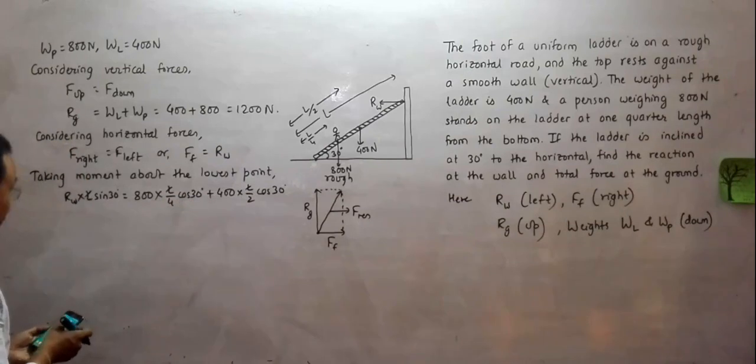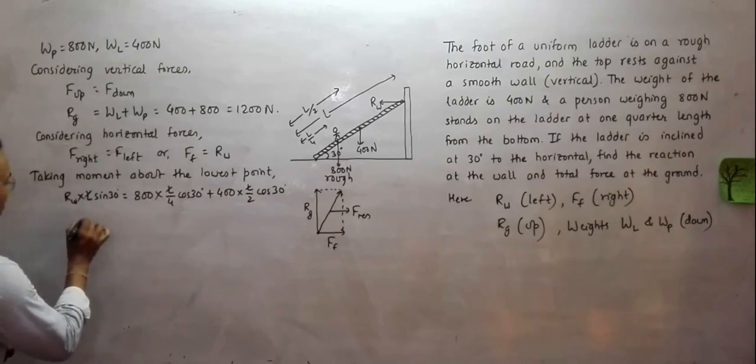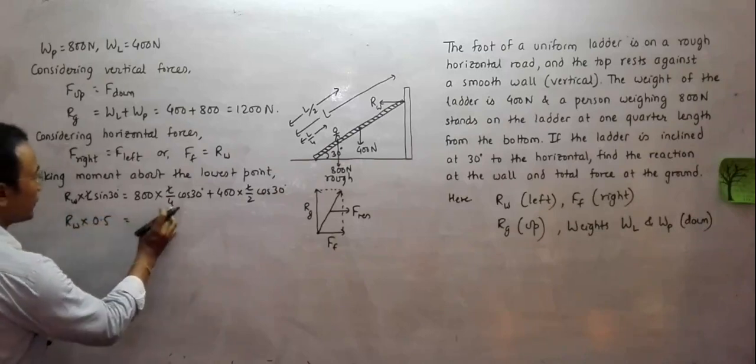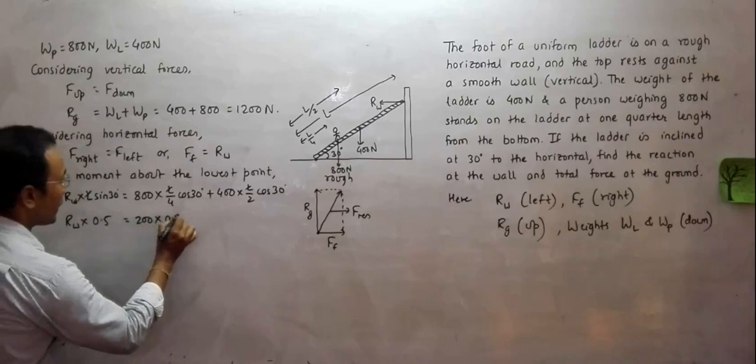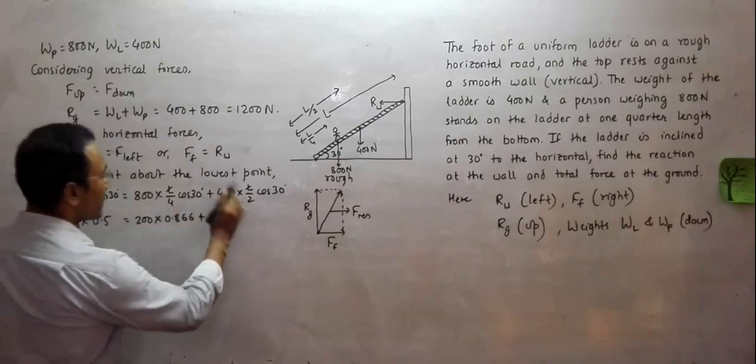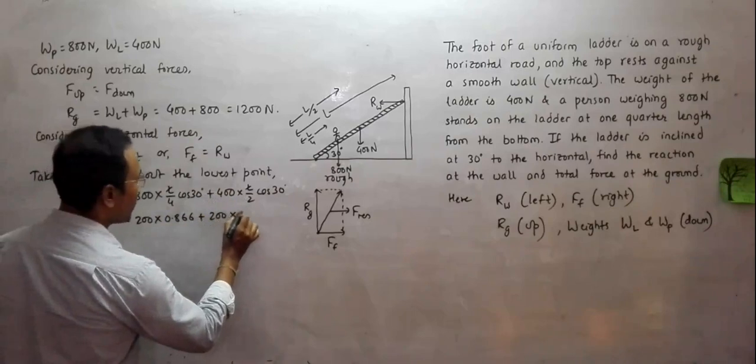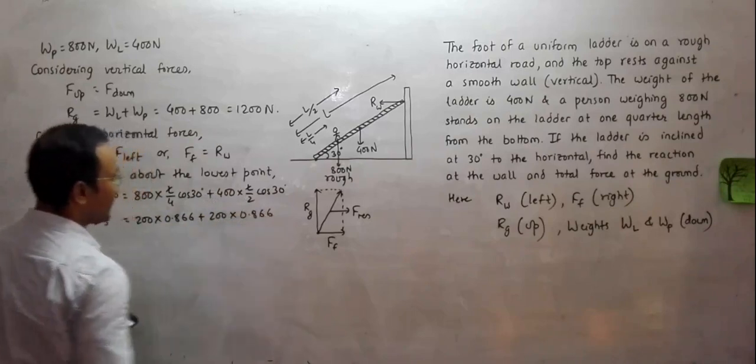Now the calculation will give me, so I have to do some pretty long calculations here. RW into 0.5 is equal to 200 into 0.866 plus again 200 into 0.866.